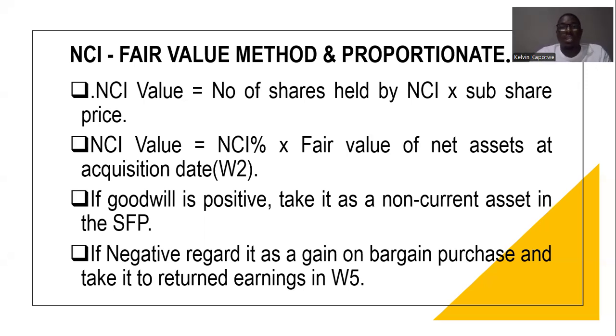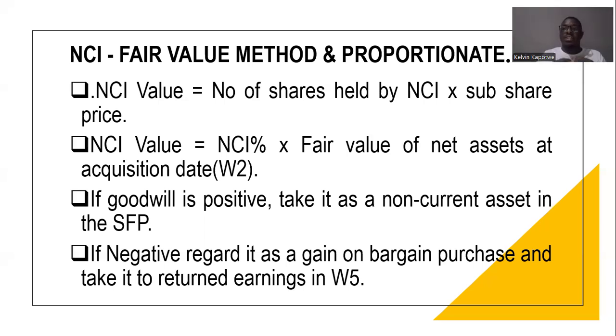The standard calls that a bargain purchase. So if your net asset value is say 200,000, and the owners of the company sell that company to you at 150, what you have actually done is earned the 50,000, because you were supposed to buy the net assets of that company at 200, but now you've been given that company at a bargain. All right, so you've bargained well, you've saved some money. That is why it's called a bargain purchase.